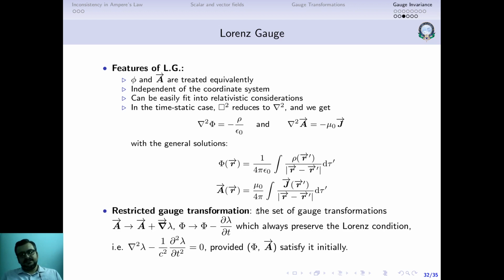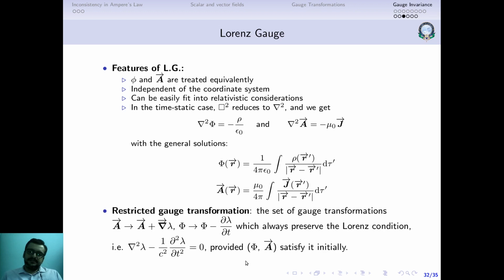Such a transformation is known as a restricted gauge transformation. That is, transformations which take place between sets of potentials all of which satisfy the Lorentz condition. Then we say that those sets of potentials belong to the Lorentz gauge.